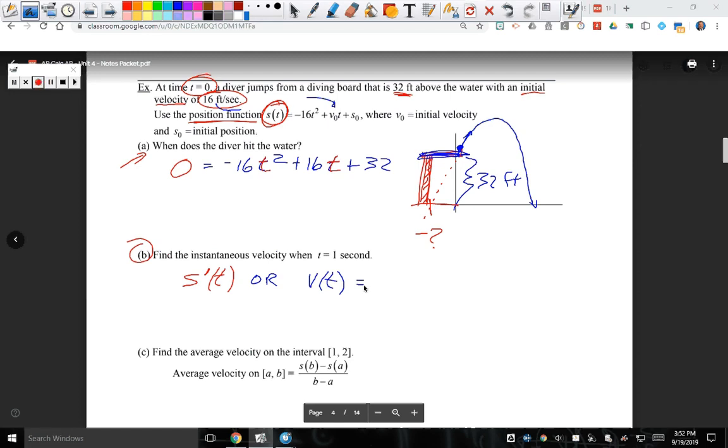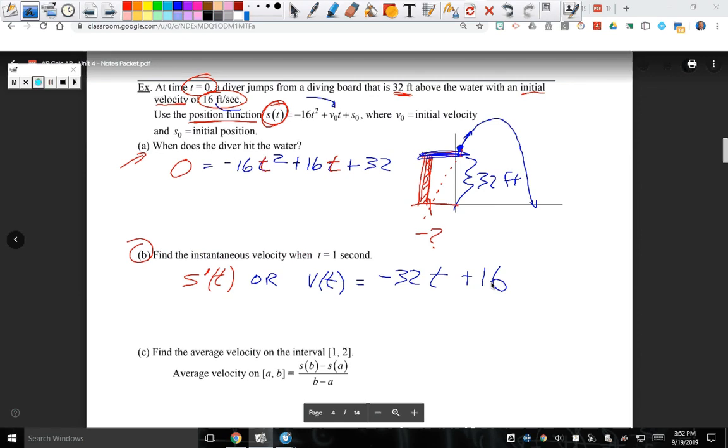Acceleration. So I have v of t, aka s prime of t, is going to be equal to negative 32t plus 16. Okay? And then I plug in my at value.